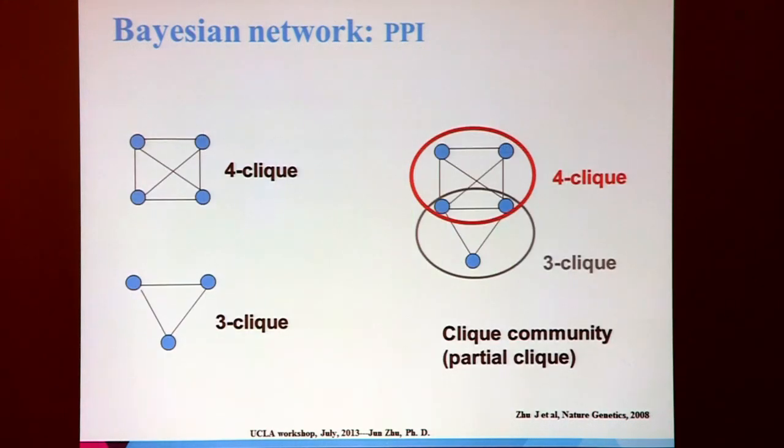In the protein-protein interaction, we know there's a lot of noise. That's one thing, and a lot of things are context specific or depend on the physiological condition. On the other hand, the data is incomplete.